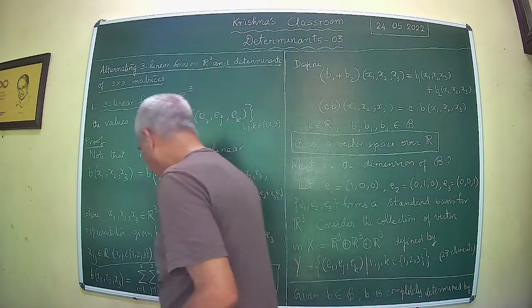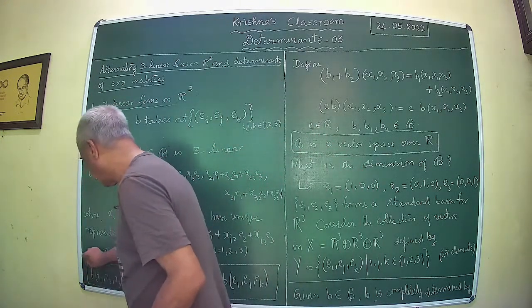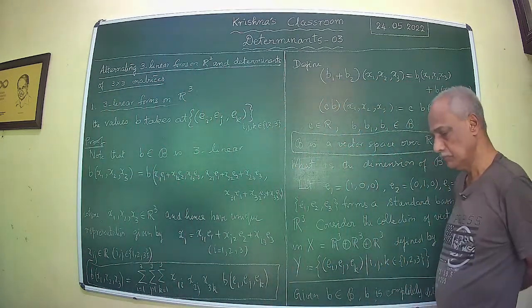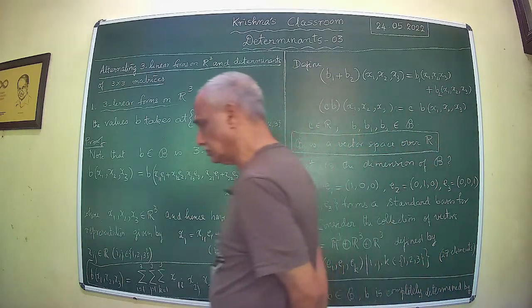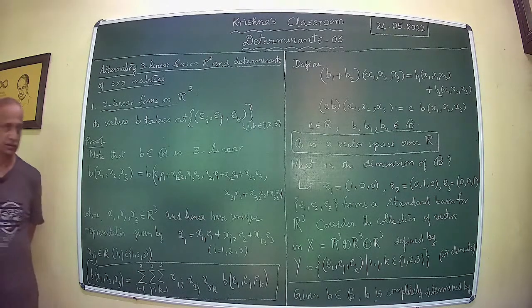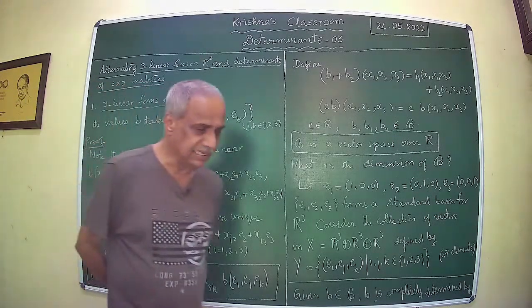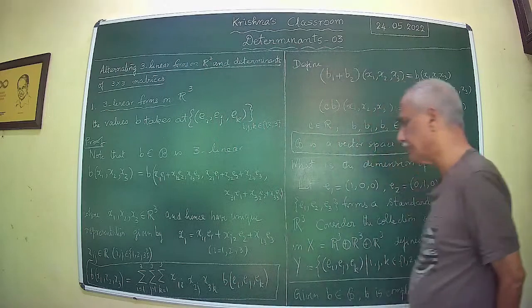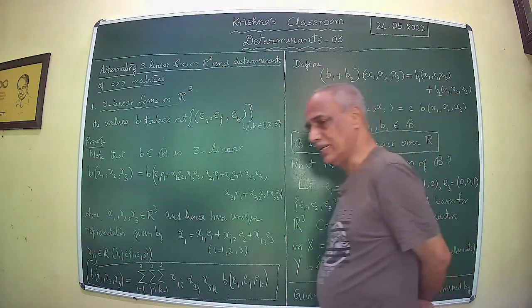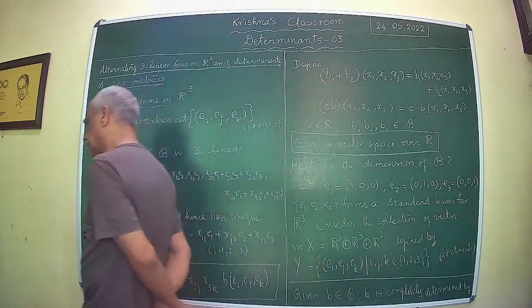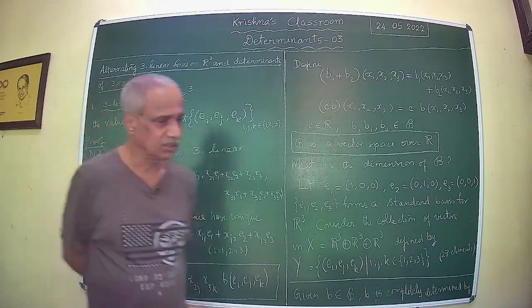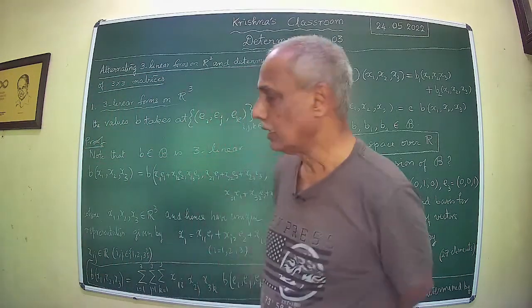Therefore, we can work backwards and say that if you prescribe a scalar valued function at e_i, e_j, e_k, that is at these 27 points, and then extend it with trilinearity, then you end up with a trilinear form on R3.